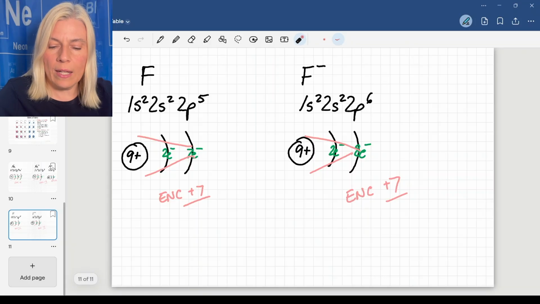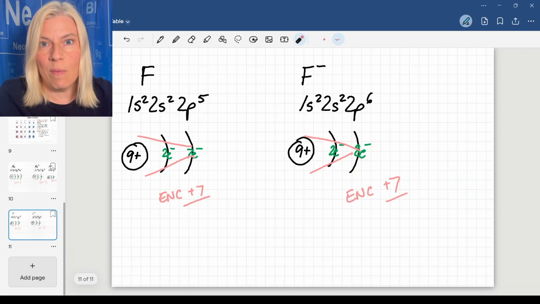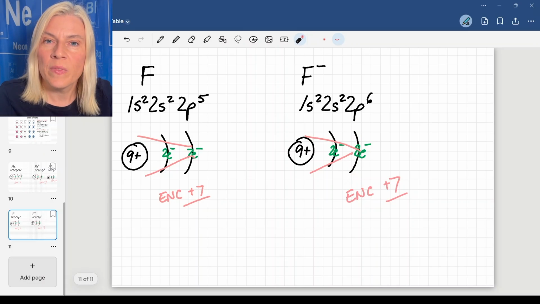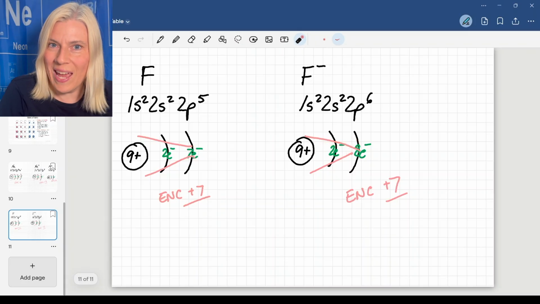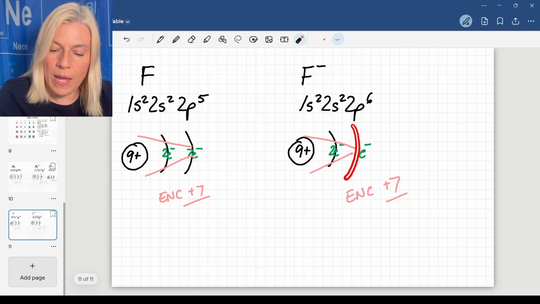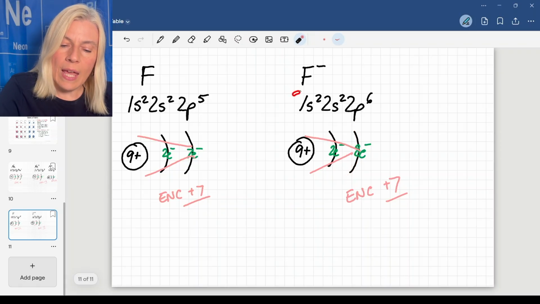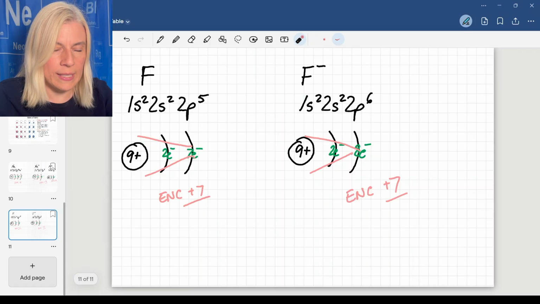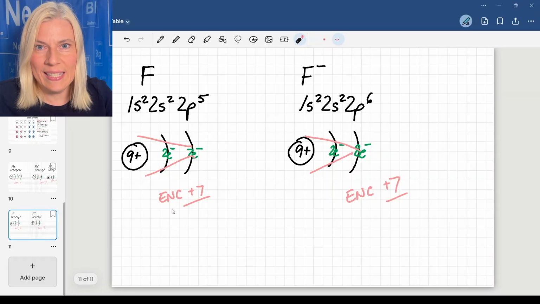So the more electrons you put onto the same layer, they each take a step back and say, whoa, I want my personal space. When they take the step back, they have to move away. And for that reason, because electrons repel and you're putting more and more electrons onto the same energy layer, the anions are bigger. So you have to use some real common sense to explain. Okay, I hope it's making sense.